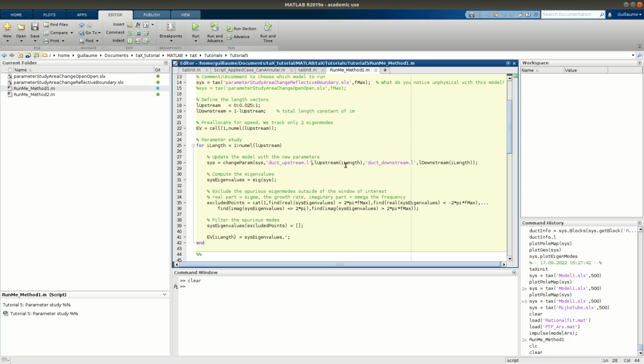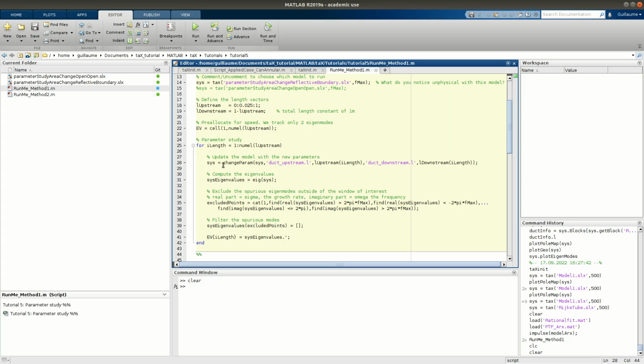But if you change, for example, the area ratio, that will impact the mean velocity downstream of your area change. So again, TX will automatically update the mean values, so it will redo a mean value computation to update your model.